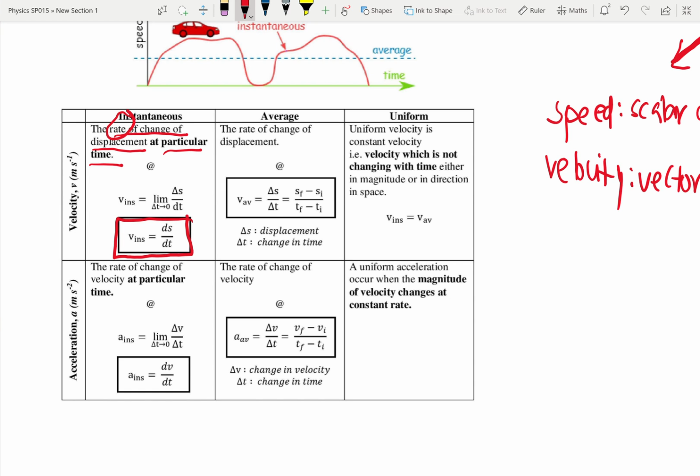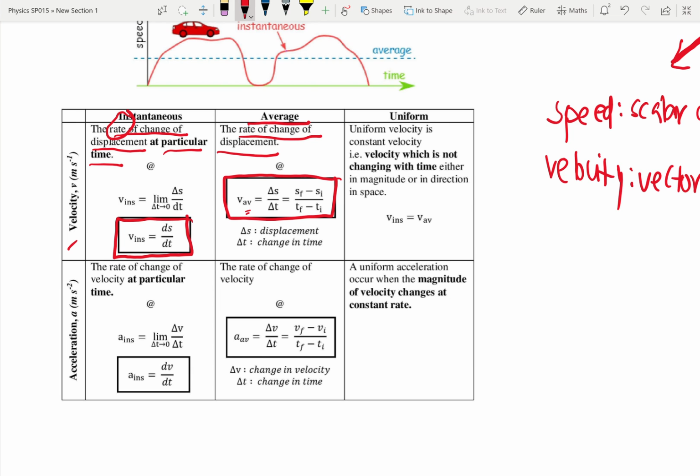And then what is the definition of average velocity? Average velocity is the rate of change of displacement. The formula is v average, where av stands for average, equals delta s over delta t, where delta s is s final minus s initial.